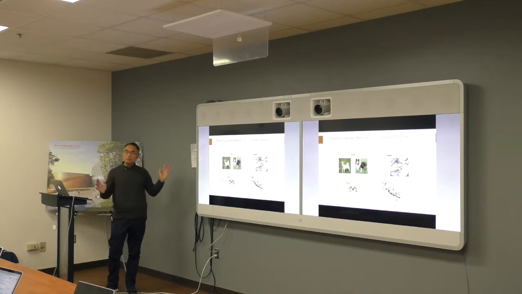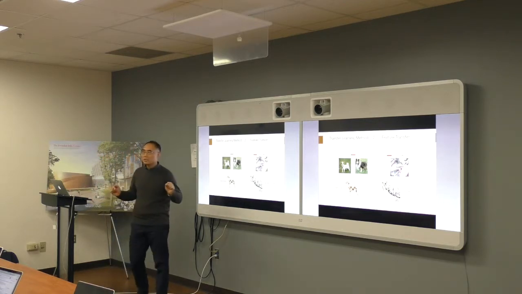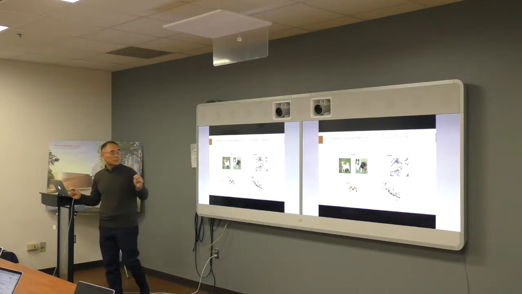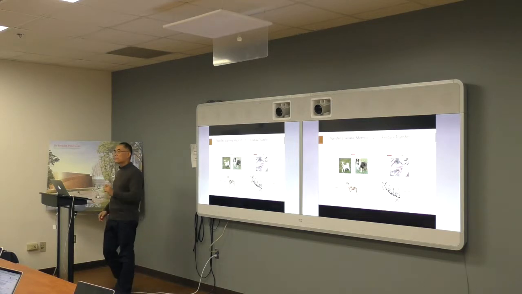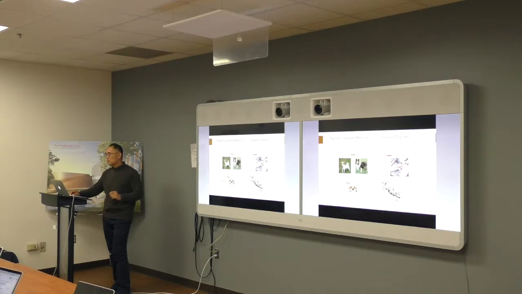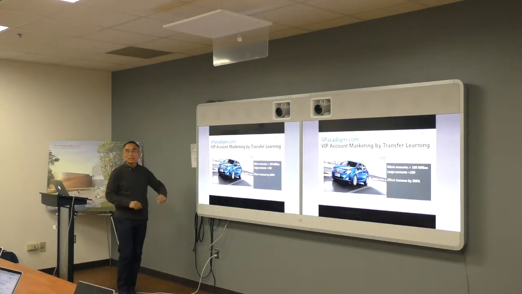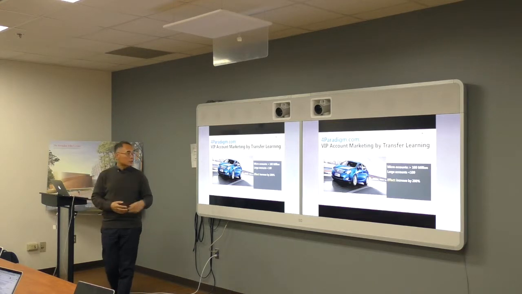So far I've been talking academically, and these may just live in the research papers, but I should tell you that transfer learning is already taking place in industry and making a huge impact. Here's one example before we go into further details.